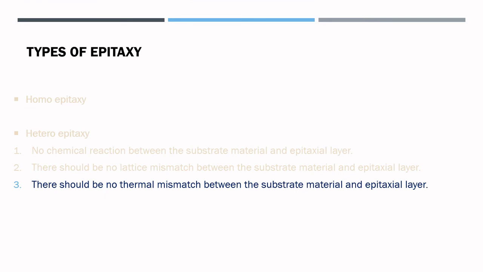Up to a certain thickness, if you are growing a very thin layer, this strain can be tolerated. Beyond this, it is not allowed. So strained layer epitaxy is a very important topic in today's research area. The heteroepitaxial layer is very useful for compound semiconductors.